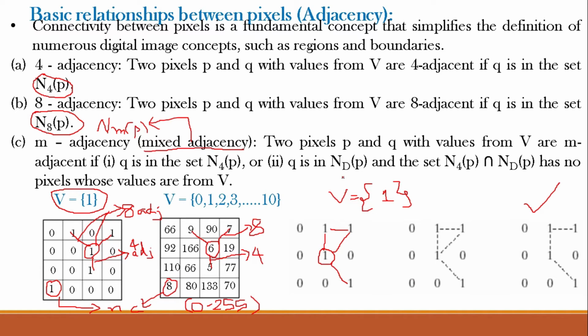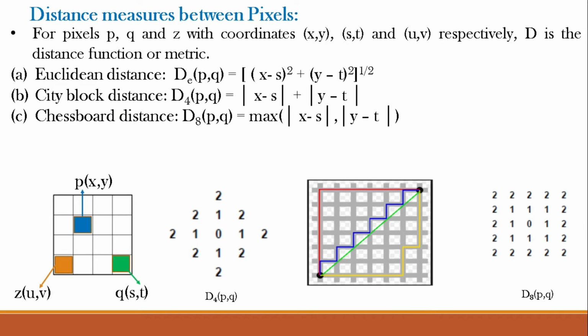Now let us go ahead and understand how to calculate the distance measures between pixels. So we know that an image can be defined as a two-dimensional function f of xy, where x is the row coordinate and y is the column coordinate. And for this particular image having number of pixels, let us consider 3 pixels having values p of xy, q of st and z of uv.